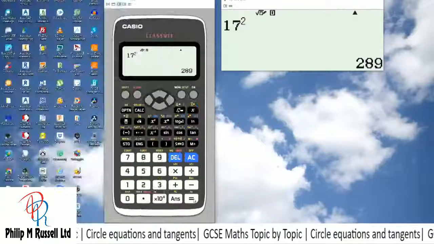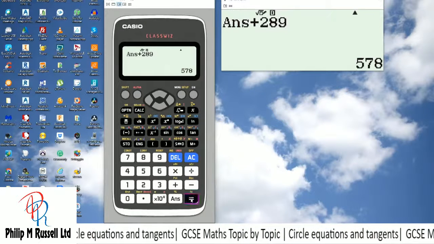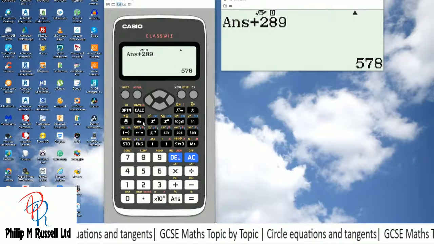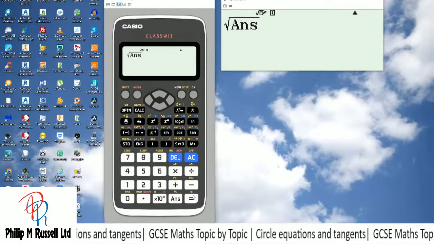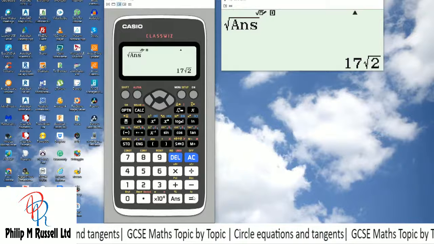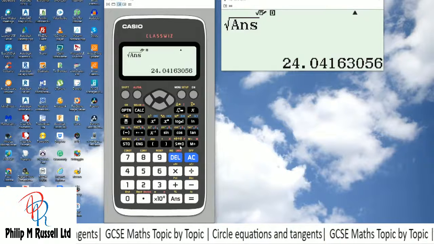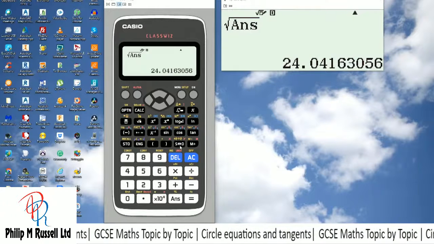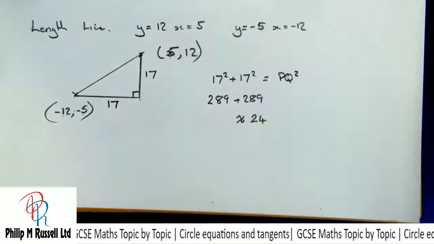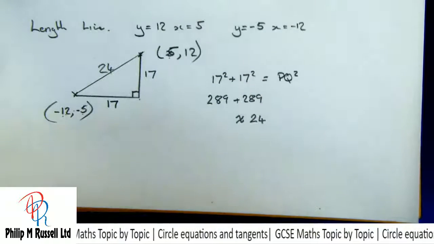Let's work that out. 578, and to work out my answer I need to square root the answer, and that's going to give me the lovely answer of 17 root 2, or in real numbers 24.04, which is approximately 24. So this line is going to be 24.